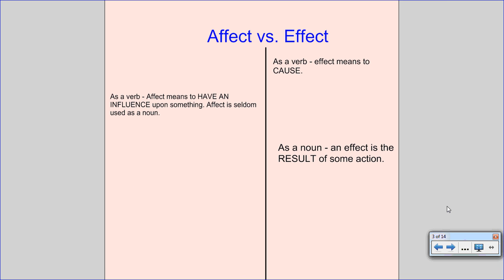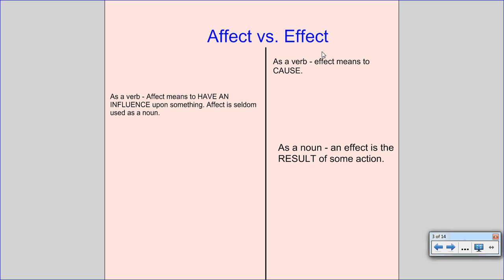All right, first is affect versus effect. Now, the word affect means to have an influence. It is used as a verb. It is almost never used as a noun. So when it's used, it should be used in a place where you could write the words have an influence and have it mean the same thing.